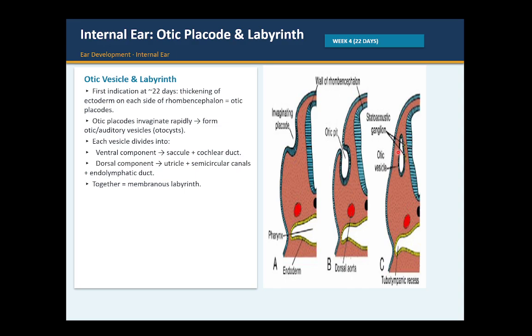Now this otic vesicle will divide into two parts, a ventral part and a dorsal component. The ventral component will give rise to the saccule and the cochlear duct. The dorsal component is going to give rise to the utricle and the three semicircular ducts. So this is your membranous labyrinth.